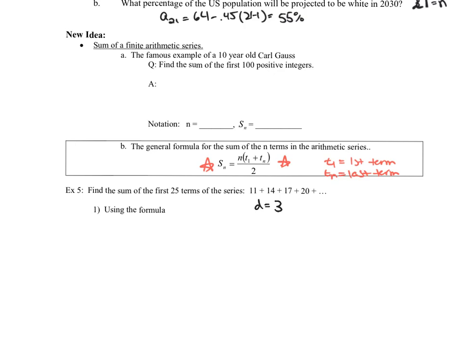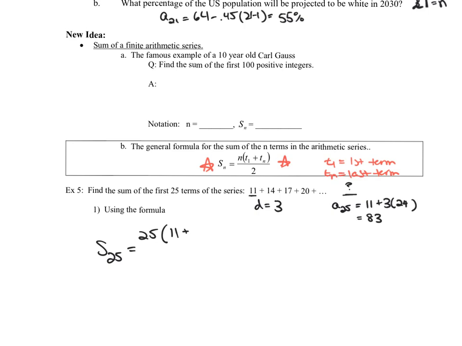And so to use this formula, we would say that S25 is equal to 25 times 11. That's our first term. But we don't know our 25th term yet. We can find it by using our arithmetic sequence formula and saying that a25 is equal to 11 plus 3 times 24, which means that our 25th term is 83.